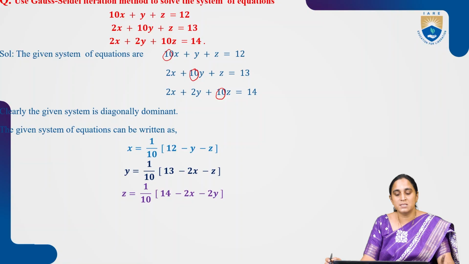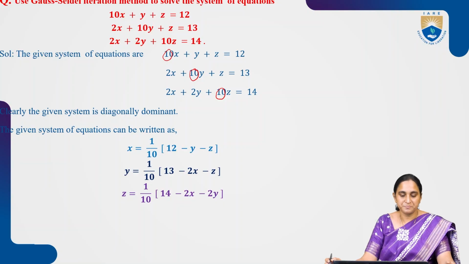Similarly, in the second equation, compared to the x and z values, the y coefficient is large. Similarly, in the third equation, the z coefficient is the large value. Now we can apply the method, because the equations are diagonally dominant. For that case, we can find the unknown values of x, y, z by using the Gauss Seidel concept.